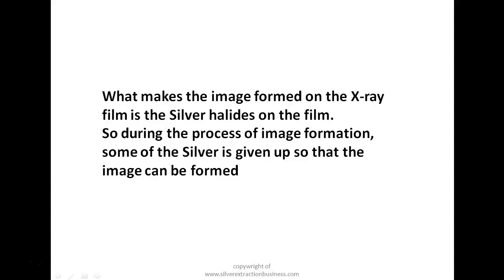So during the process of image formation, some silver is given up so that the image can be formed. Wherever an image forms, know that silver was present there before and there's no more silver there, and that's why the image can actually form.